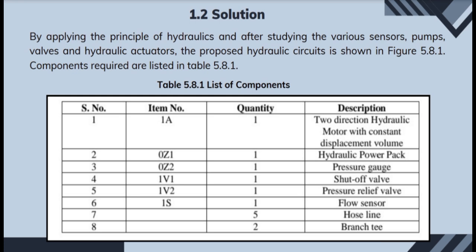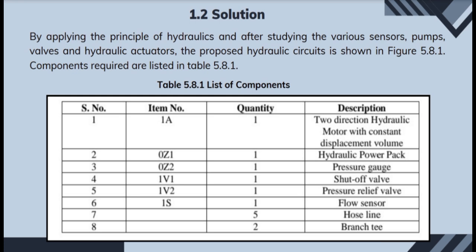S number 5, item number 1V2, quantity 1, description: pressure relief valve. S number 6, item 1S, quantity 1, description: flow sensor. And S number 7, quantity 5, description: hose line. S number 8, the quantity is 2, description is branch T.